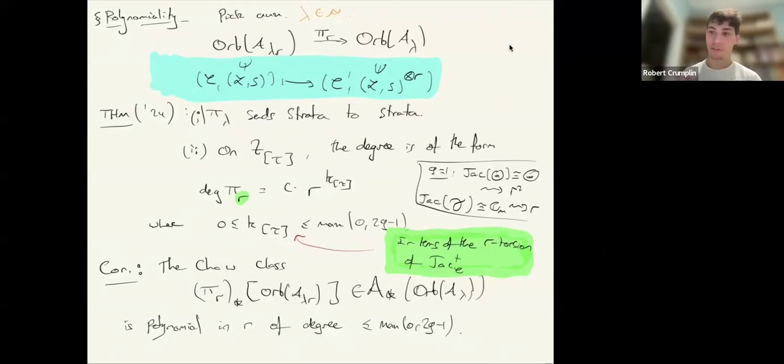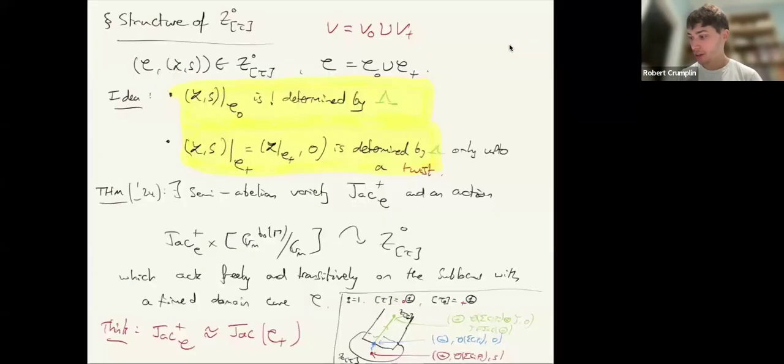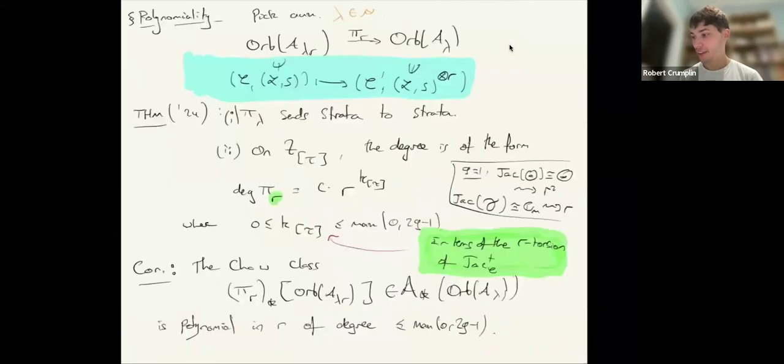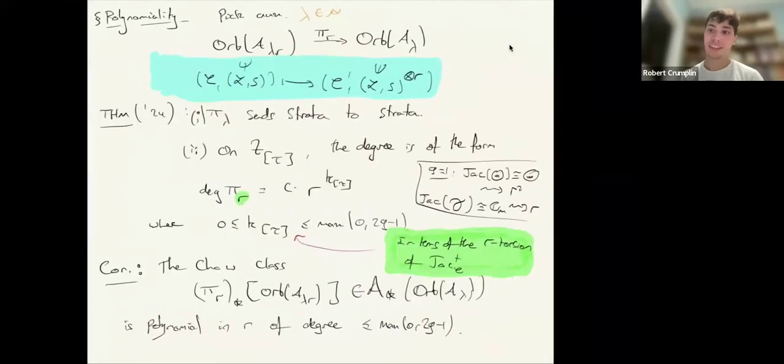Basically because of the structural results here, the space is built from abelian varieties glued to each other. And this map pi r is kind of akin to multiplication inside of this abelian variety. And the degree of multiplication in an abelian variety is the same as counting the torsion points.